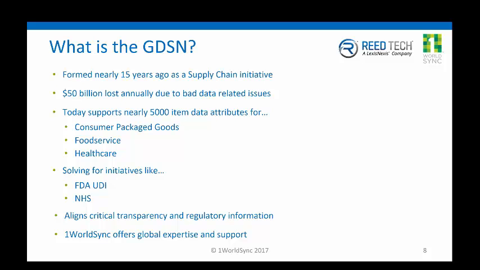You have the food service industry moving along with the data quality standards and the GS1 standards through the GDSN. And then you have us, the healthcare industry, coming up here and making a true effort and a global commitment to data quality from trading partners. With the GDSN in healthcare specifically, we're solving initiatives for things like the FDA UDI.